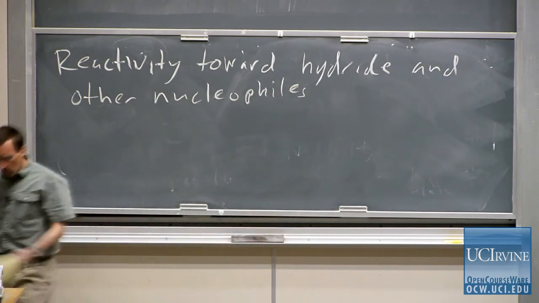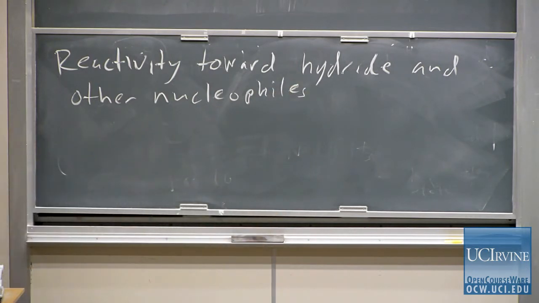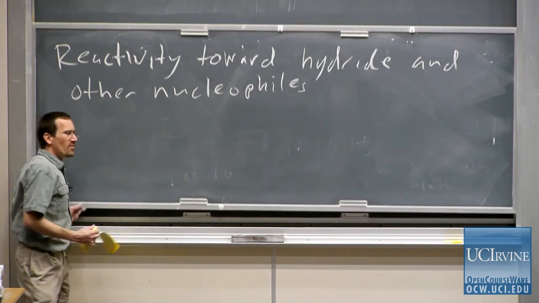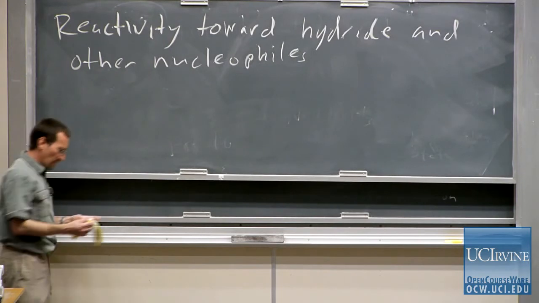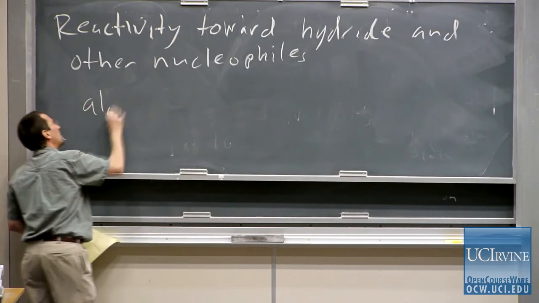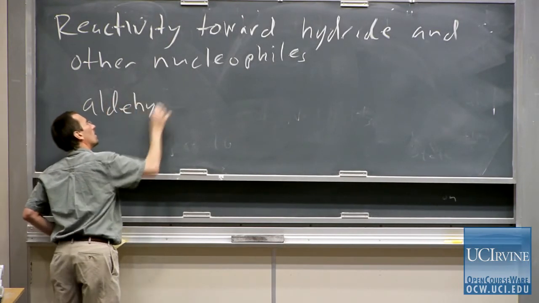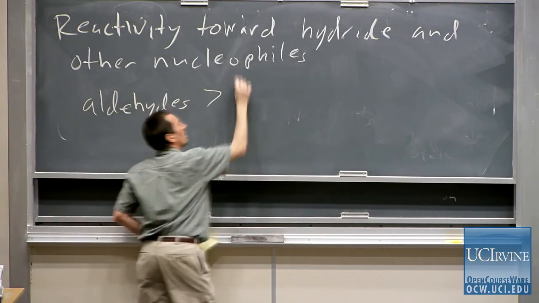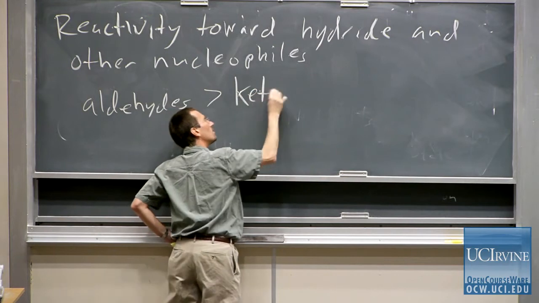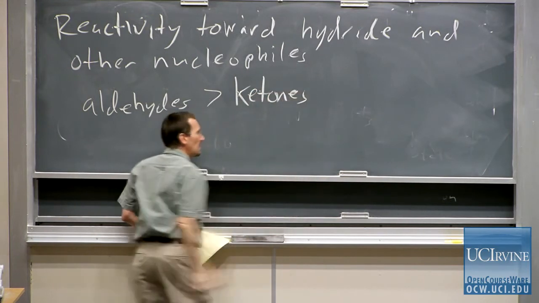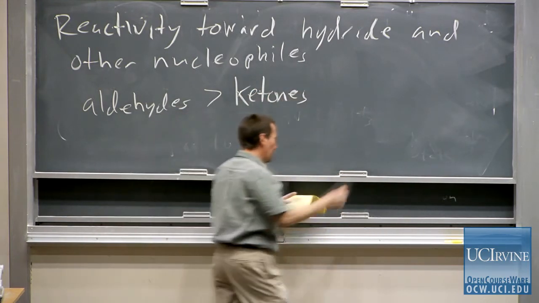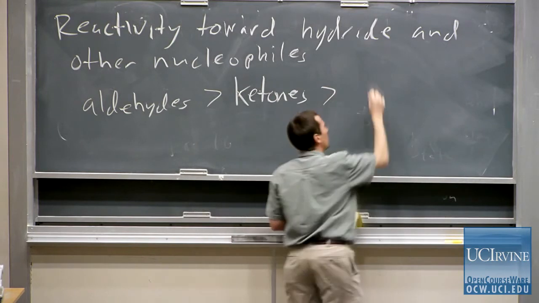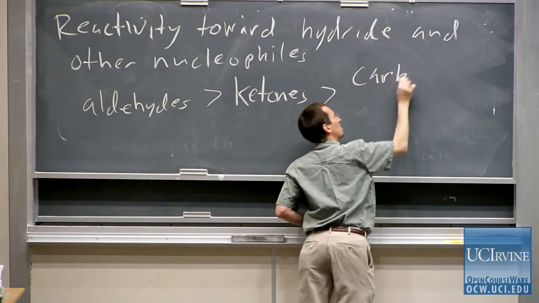In a very good generalization, again, there are always exceptions to generalization, but a very good generalization is that aldehydes are more reactive than ketones, and ketones are more reactive toward nucleophiles than carboxylic acids and esters.